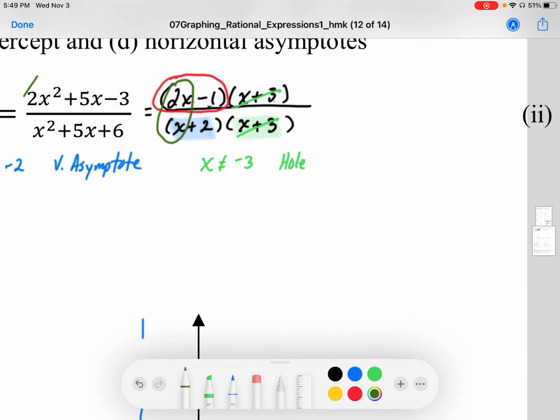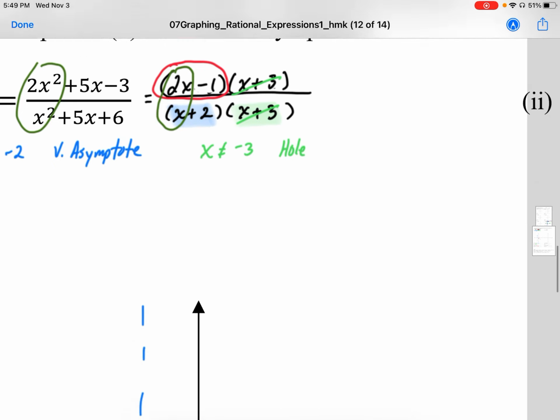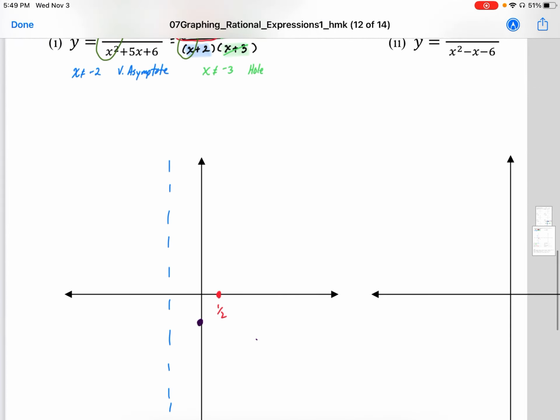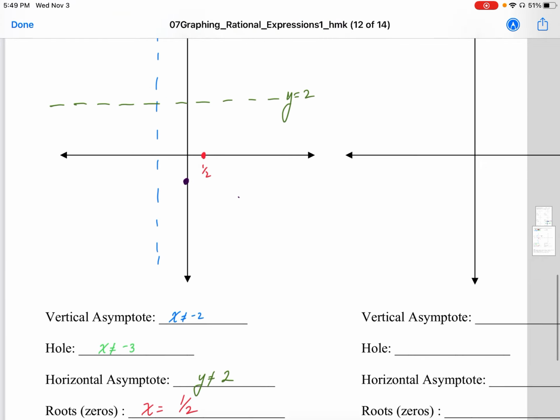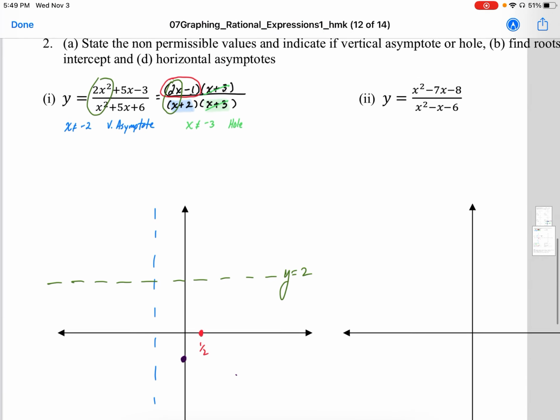We could also look at the ratio of those two highest powers. That's going to give us a ratio of 2, and that means our horizontal asymptote is going to happen at y equals 2. Y equals 2, and that represents the horizontal asymptote. We can also say that y is not equal to 2, since it's a horizontal asymptote. Those are the only details we really need.